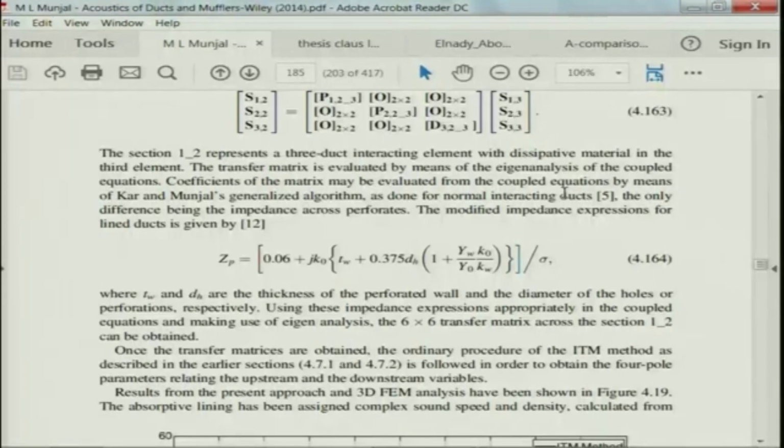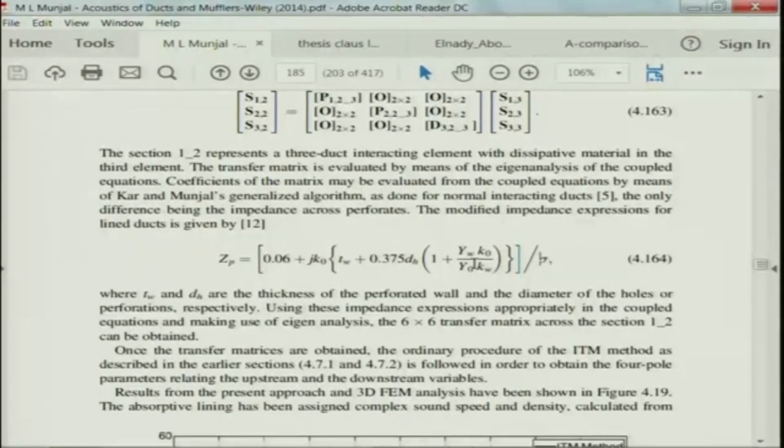Now, notice the fact that here you have a very small real part, 0.06, and here you have 0.375 dh. YW and KW are the characteristic impedance and the wave propagation constant, the wave number, in the dissipative material, and K0, Y0 are the counterparts in air.